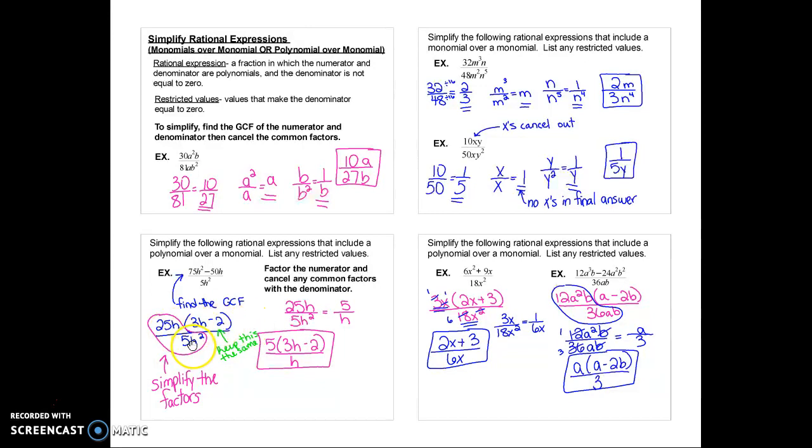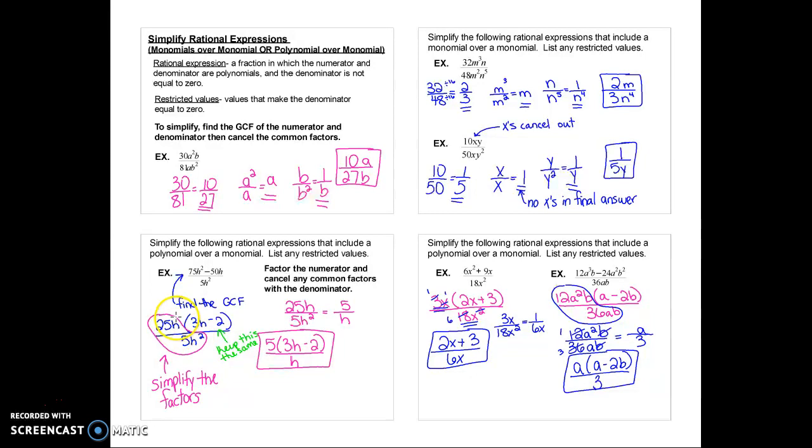Once you have that factored out, because these are both monomials, so the 25h and the 5h squared are monomials, those can be reduced. So we're just going to reduce that portion of it. 25 divided by 5, I can do that division, that's going to give us a 5. H over an h squared. Okay.